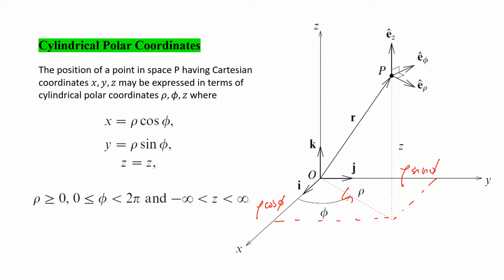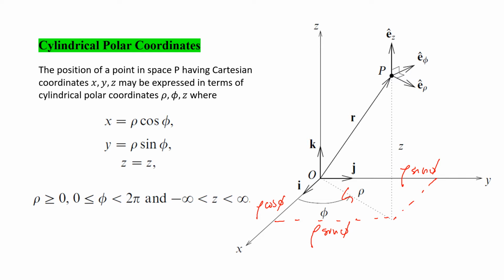As you can see here, this is the side opposite to the angle phi. So again, the position of a point P having Cartesian coordinates x, y, z may be expressed in terms of the cylindrical polar coordinates rho, phi, and z, where x is equal to rho cosine phi, y is equal to rho sine phi, and z is equal to z.